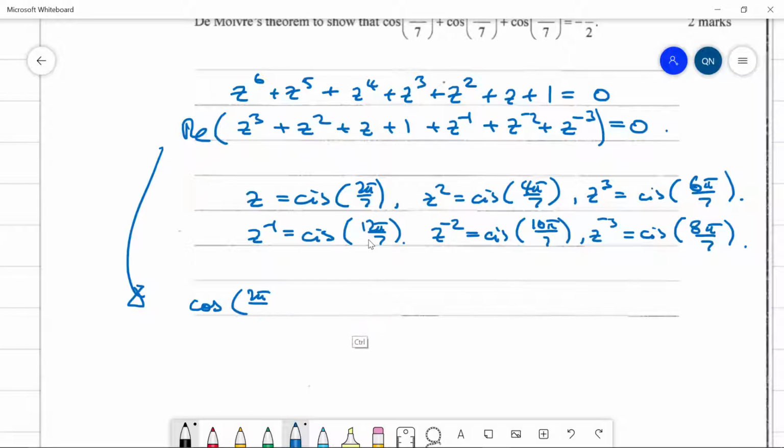Actually, it's 6 pi on 7 first because it's cubed. So cosine of 6 pi on 7 plus cosine of 4 pi on 7, and then plus cosine of 2 pi on 7, and then we have a plus 1 over here, right?